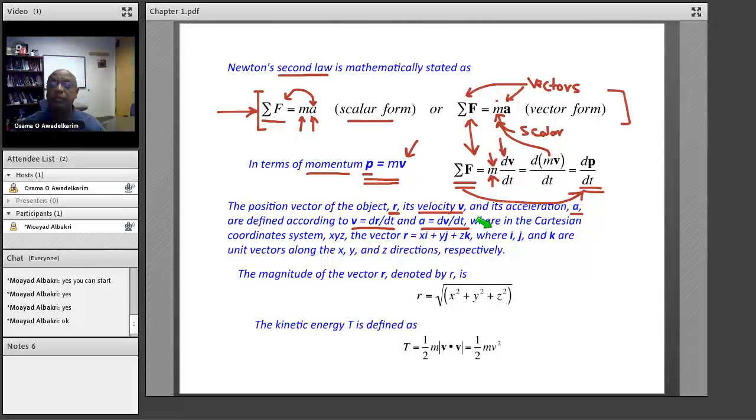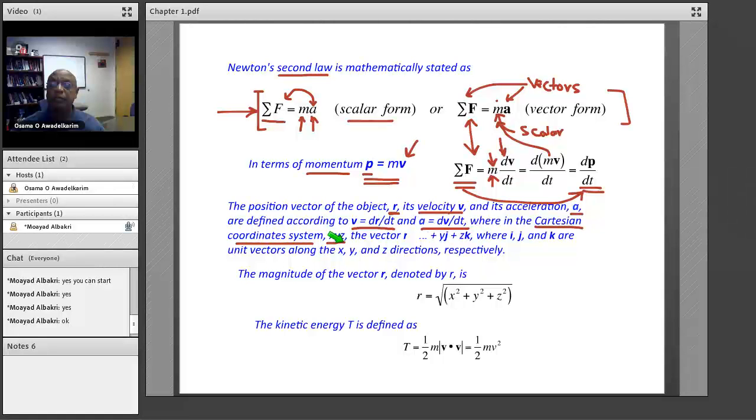The simplest space representation is the Cartesian coordinate system. The easiest that we are accustomed to, the easiest that we know, is a space representation in terms of three mutually perpendicular coordinates, x, y, and z.